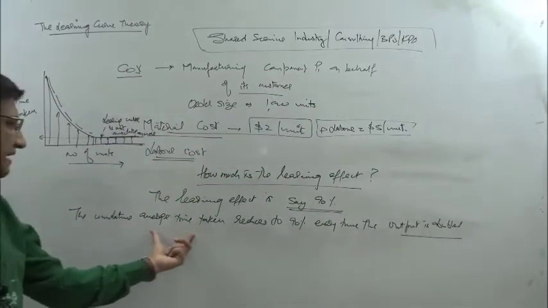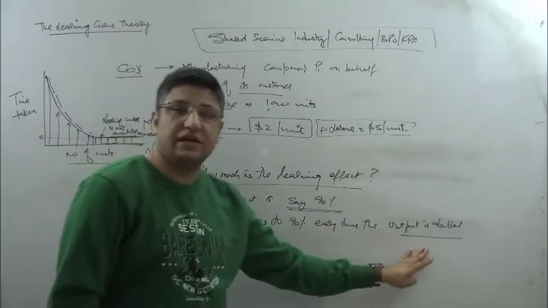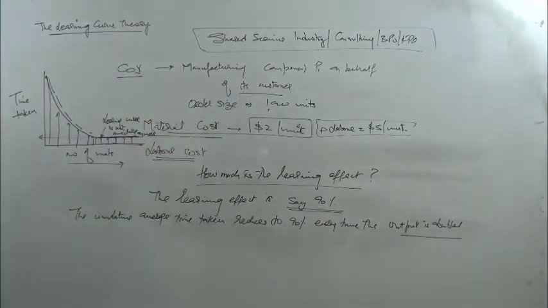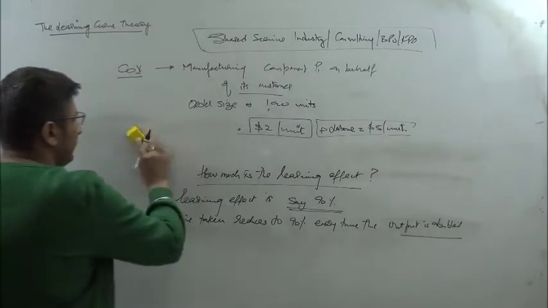The cumulative average time taken reduces to 90% average every time the output is doubled. Let's even talk this in terms of what does it actually imply.